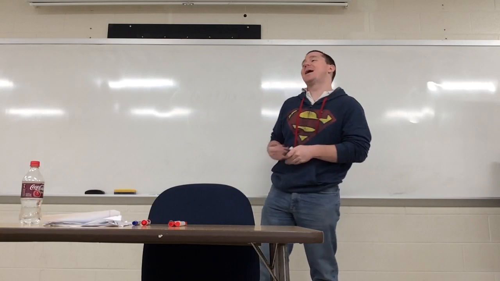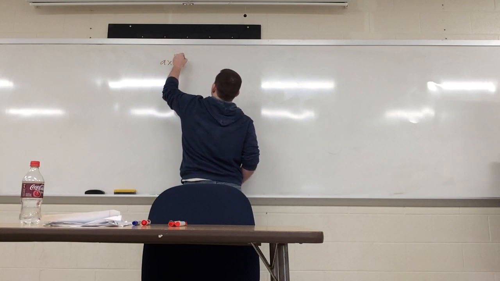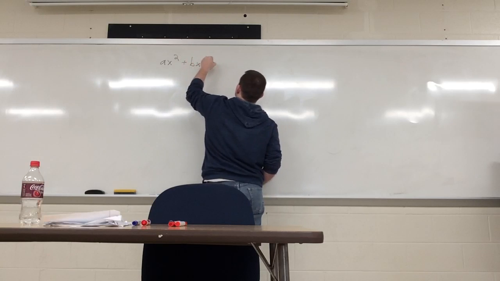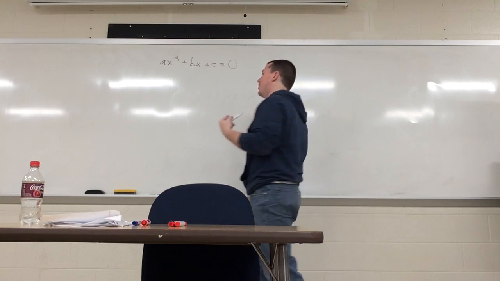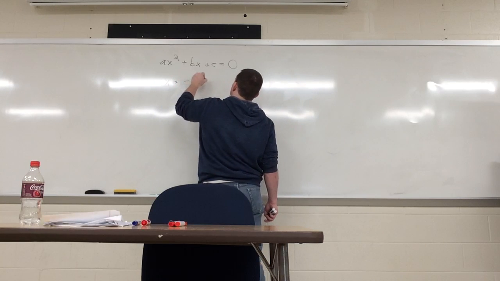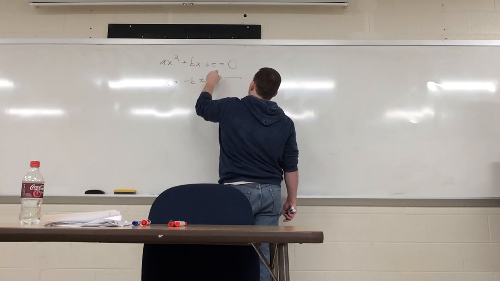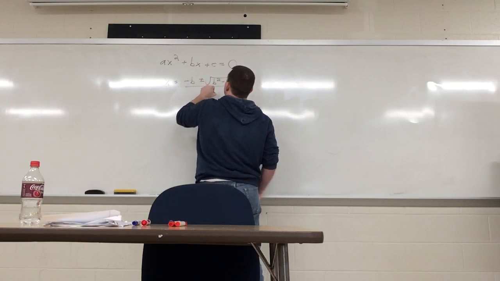But just for my benefit, assuming you have a quadratic in standard form, ax squared plus bx plus c equal to 0, always set our quadratics to 0, the quadratic formula: x is equal to negative b plus or minus the square root of b squared minus 4ac all over 2a.